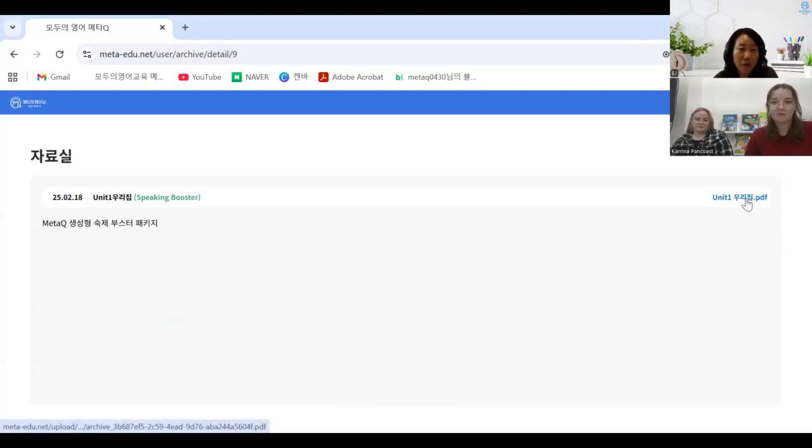Then you can download all pages. And I downloaded already. So I'm going to open that one. Okay, that's on my screen. I think I moved away. I can download again.